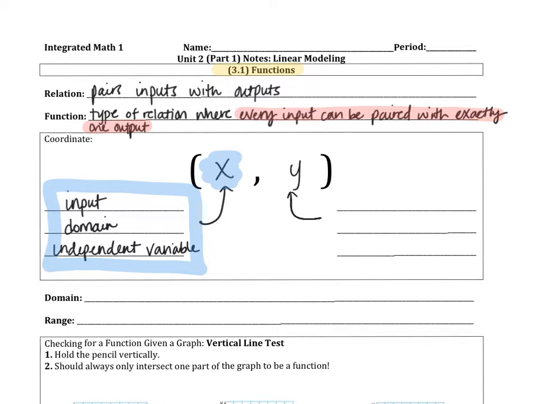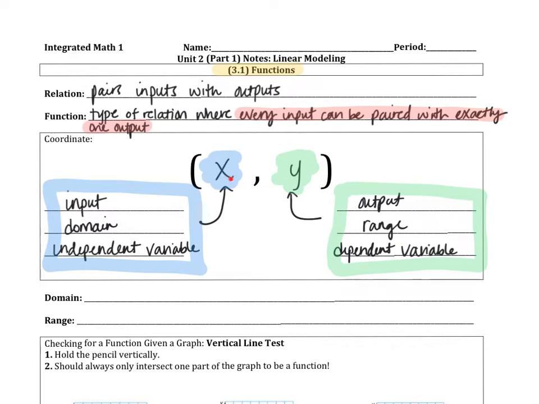Y has some characteristics too. Y can be called the output, the range, or the dependent variable. And all of these are names or characteristics for y. So if we're talking about x and y, we can say x and y, or the input and the output, or the domain and the range, or the independent variable and dependent variable.